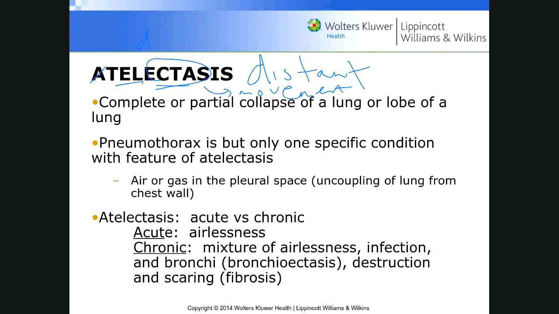Okay, so there are several ways that can lead to collapsed lung. Partial, which you often see, meaning let's say there was a tumor, and the tumor impinges upon the lobe of the lung, so that the lung cannot fully inflate, right?